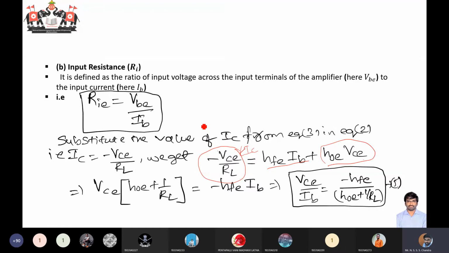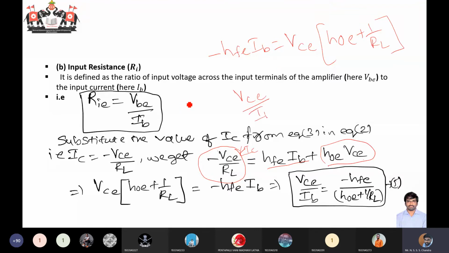So when IB goes to the left hand side, it becomes minus HFE into IB equal to VCE into HOE plus 1 by RL. Now your VCE by IB ratio will be equal to minus HFE by HOE plus 1 by RL.